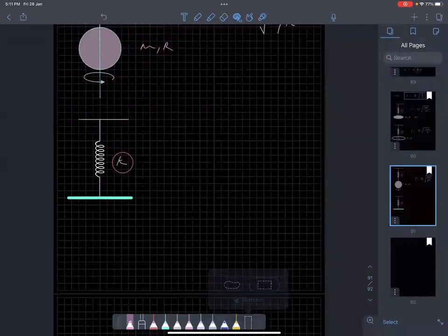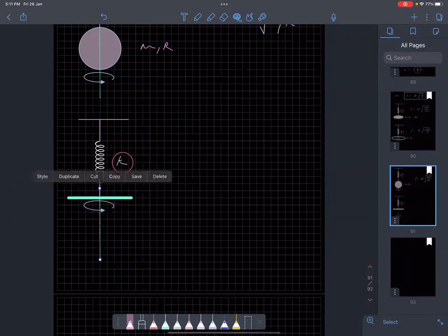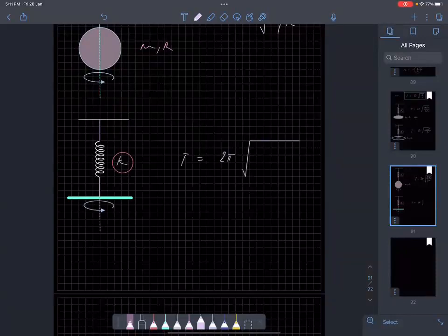So this is the axis of rotation, and the moment of inertia of any rod about this axis of rotation is ml square by 12. So time period is 2 pi under root ml square by 12k.